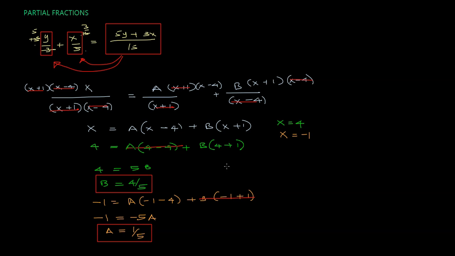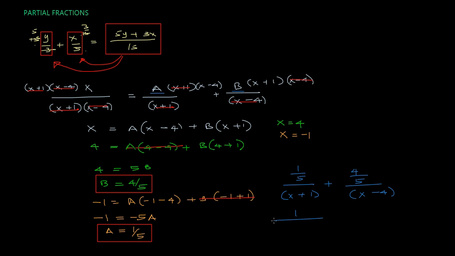The next thing we do is apply the variables where we have variable a and variable b. So the solution to this is that a equals 1/5 divided by x plus 1, plus b equals 4/5 divided by x minus 4.